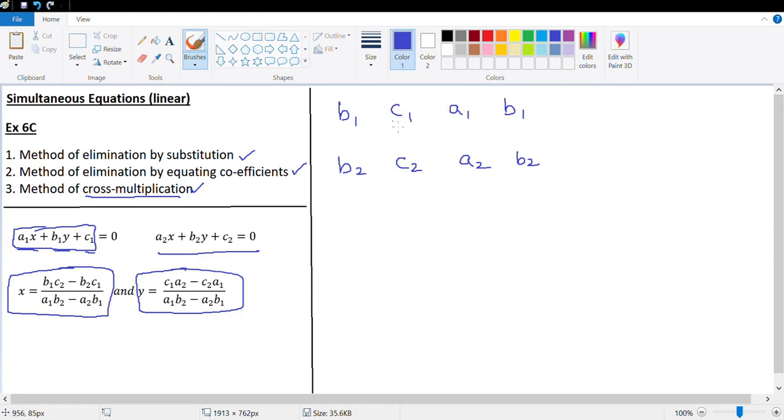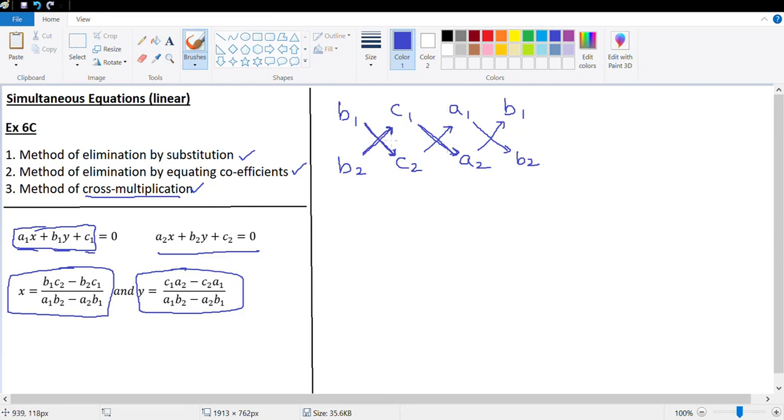After you've written this in the form BCAB for both the equations, you go ahead and do the cross multiplication as per the arrow which I am putting. I hope you notice that I am starting with the top left corner and going to the bottom right corner for all the 2 by 2 matrices that can be formed here.